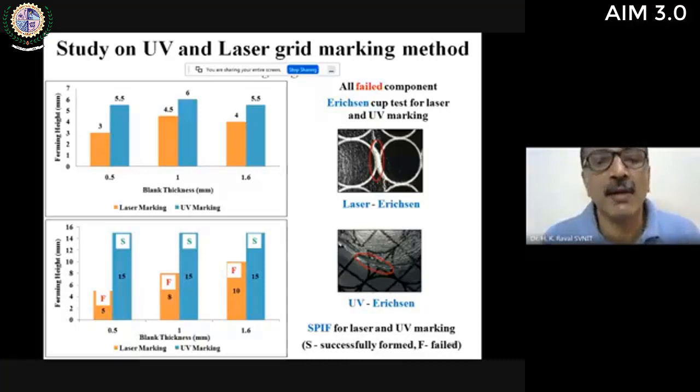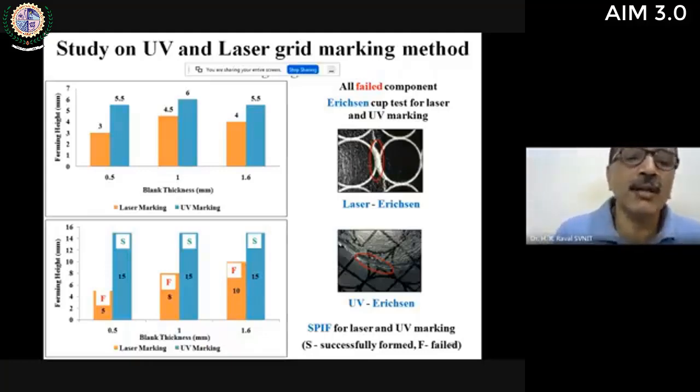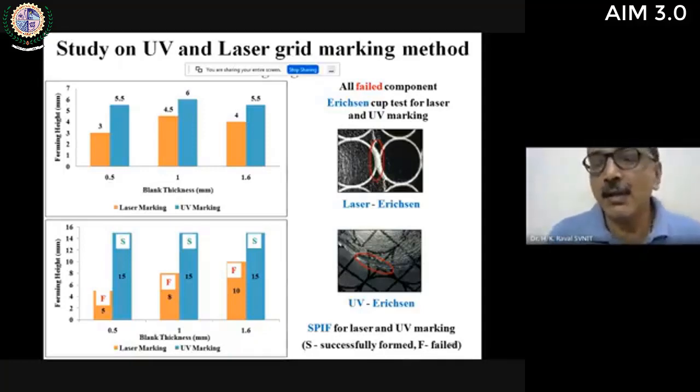It's found that the UV marking resulted into the more forming height. Means it is desirable, it is advisable. And also it has deformed the safer geometry compared to laser grid marking.